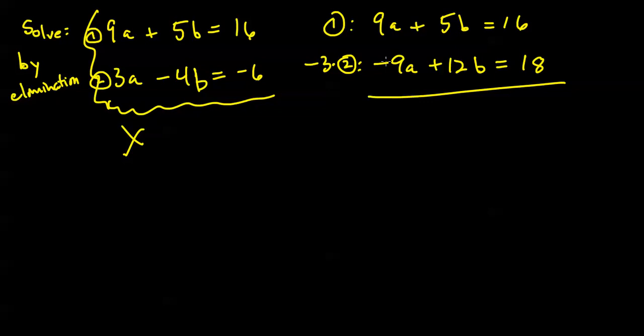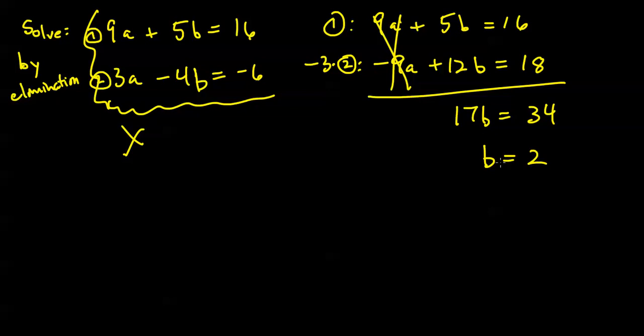Alright, so 9a minus 9a is 0, 5b plus 12b is 17b, and 18 plus 16 is of course 34. And 34 is 2 times 17, so we get a solution for b of b equals 2.